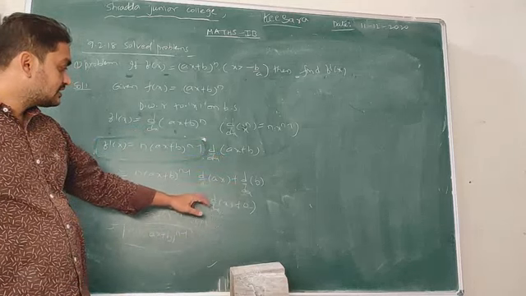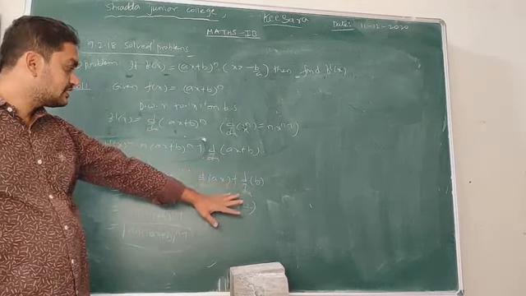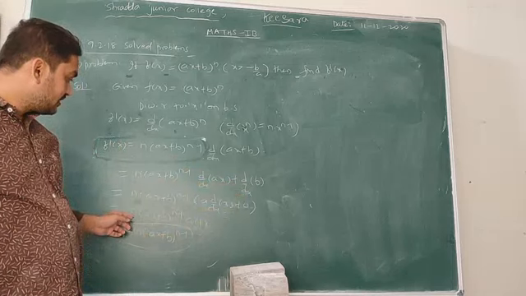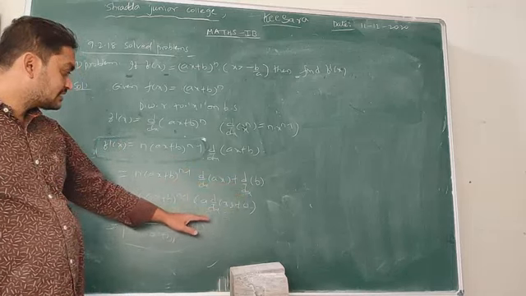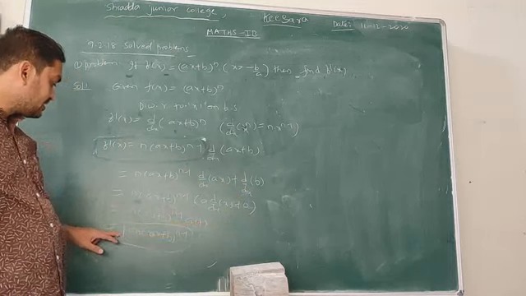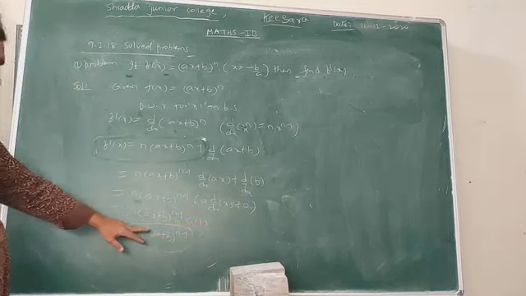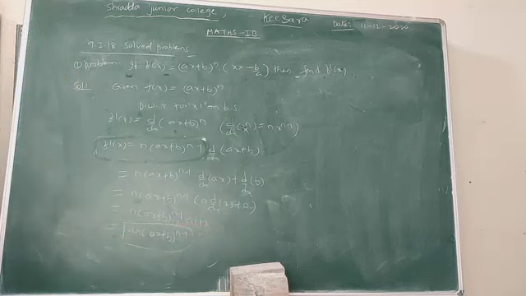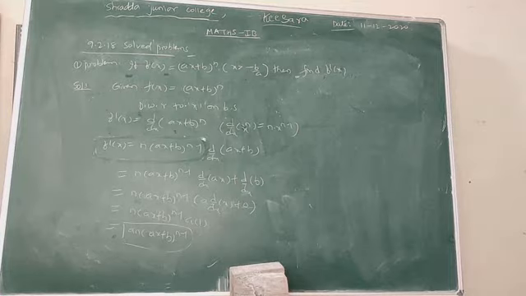A is constant, and b is nothing but that is constant, 0. n into ax plus b whole power n minus 1. d dx of x is nothing but 1. A into 1 is nothing but a. So we can write this is equals to a n into ax plus b whole power n minus 1. So now this is our required answer.